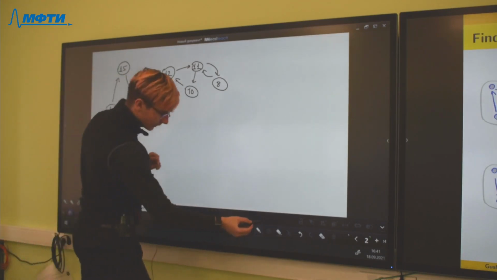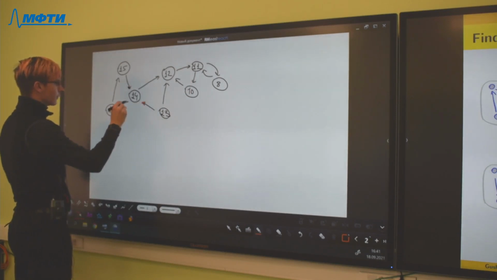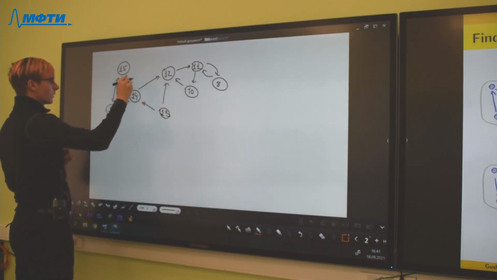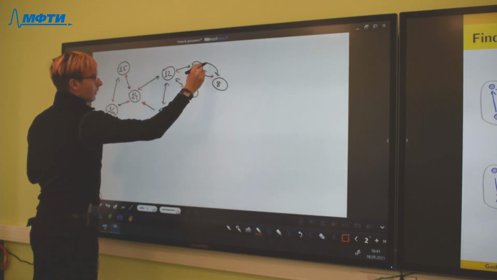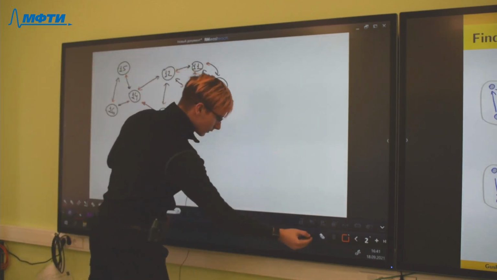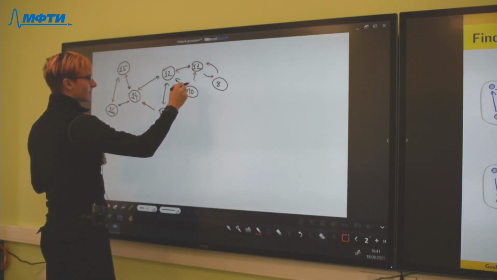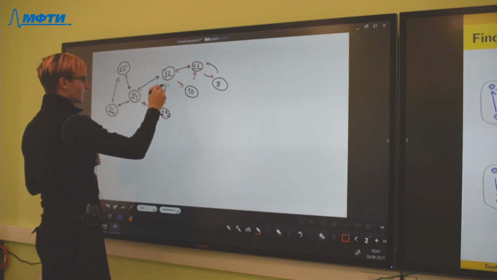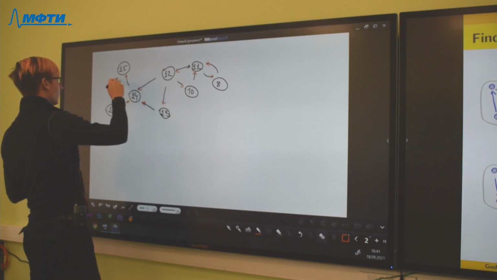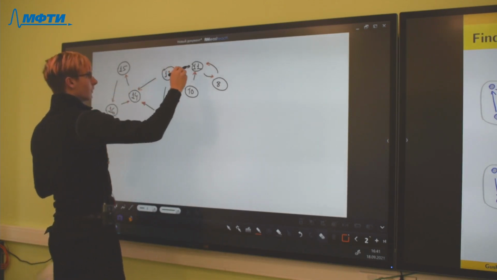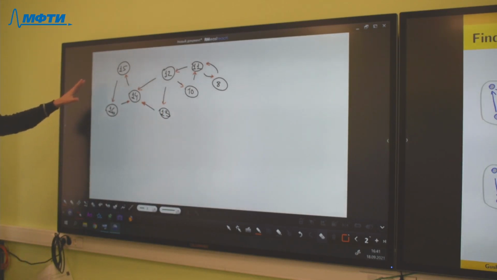So I use another color to get it quicker, and erase, to avoid any conflicts with understanding of this graph. Okay, it's the graph with reversed edges.